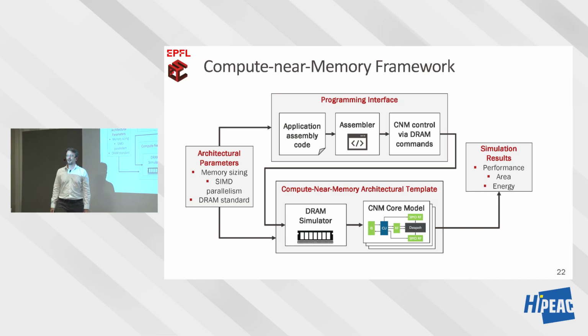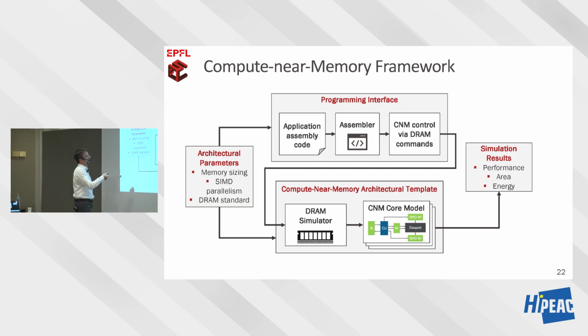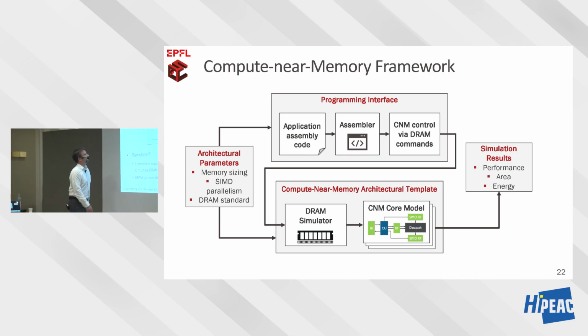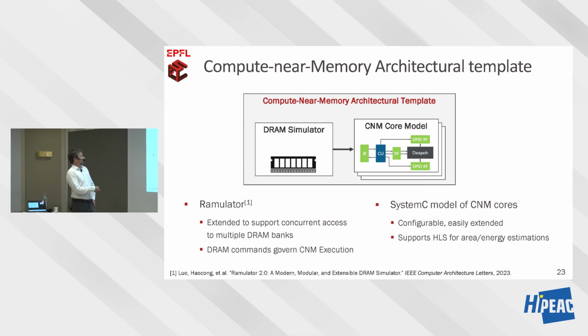So we don't ask the user of the framework to punch zeros and ones, but we have at least a thin layer of abstraction on top of that. And then these commands go into a DRAM simulator, which, spoiler alert, is actually Ramulator from the SAFARI group. And here we have our SystemC model. So again, Ramulator for the DRAM simulator and the SystemC model for the near-DRAM cores.